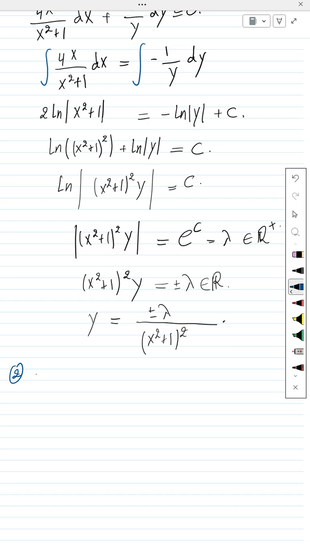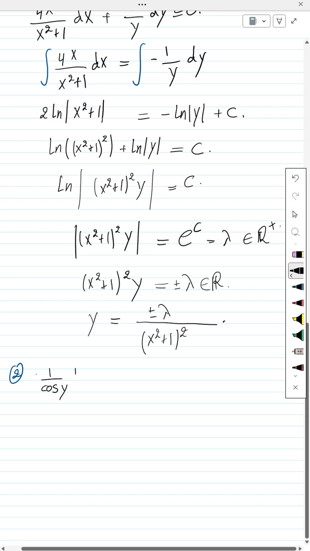It says that 1 over cosine y dx plus 1 over sine x dy is going to be equal to, here it's going to be my dx, something related to y, times dx plus nx dy, equal to 0.